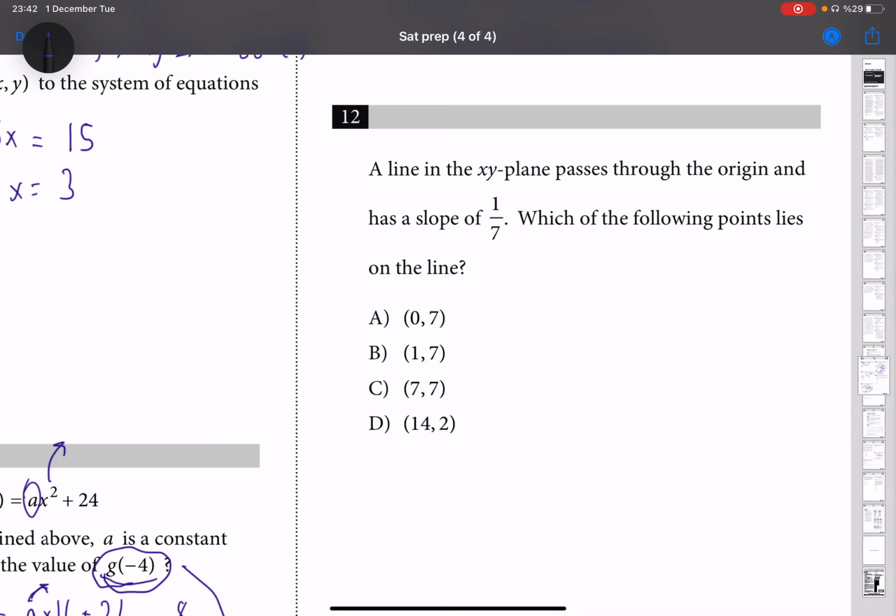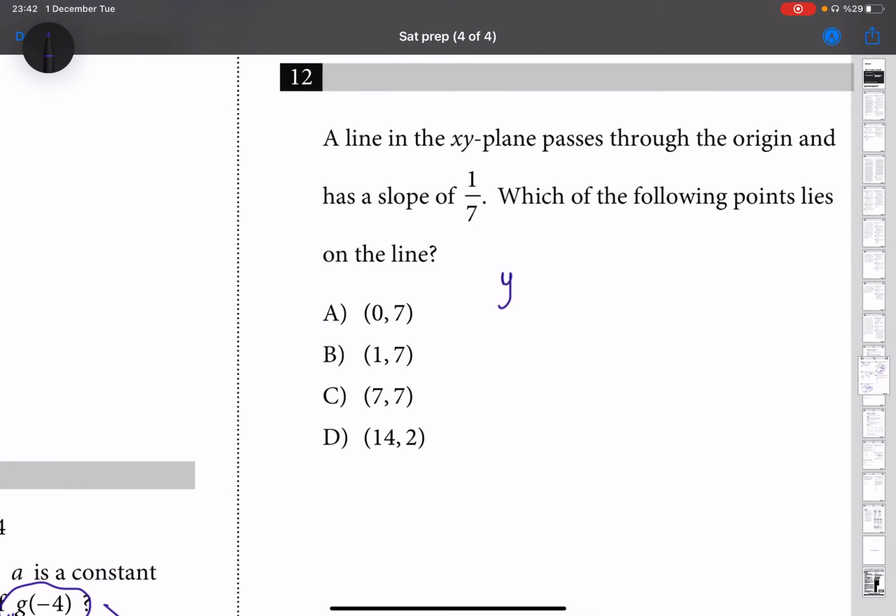Next question. A line in the xy plane passes through the origin and has a slope of 1 over 7. Which of the following points lies on the line? So at first, let's write down the general line equation. Since it passes through the origin, this equation should be satisfied by (0, 0). So 0 equals 0 times m plus n.